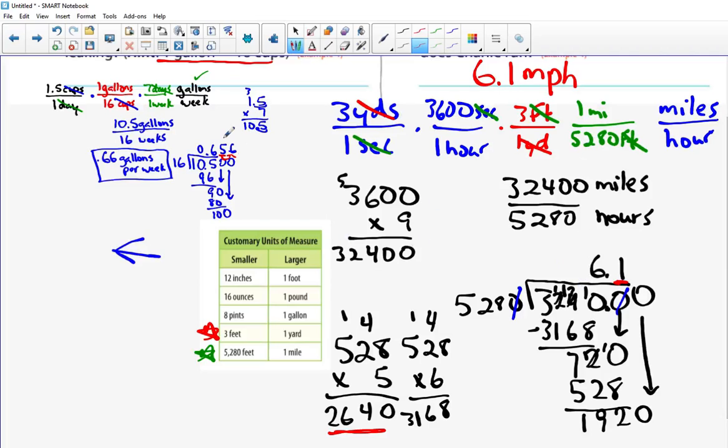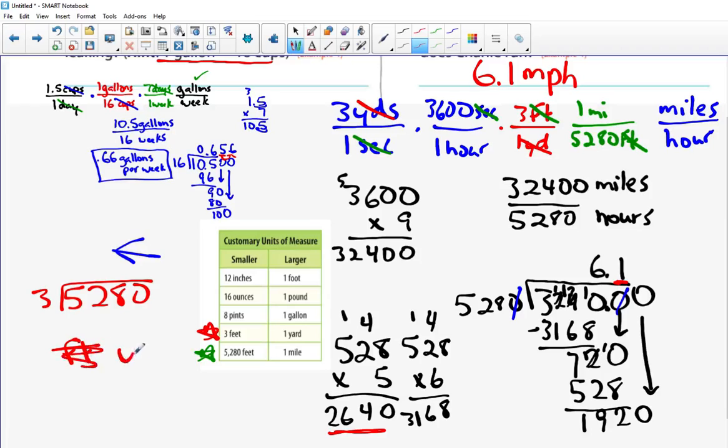So what we could have done, if there's 3 feet in a yard, right, and 5,280 feet per mile, we could have said 5,280 divided by 3, and that would have given us some number of, what am I doing?